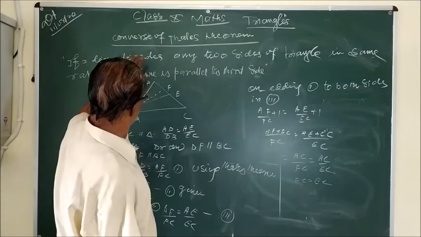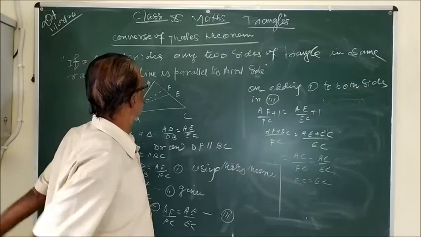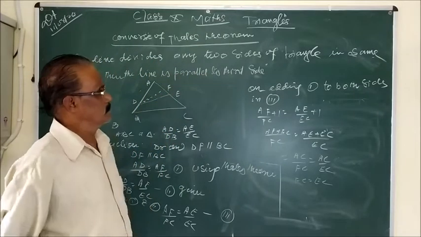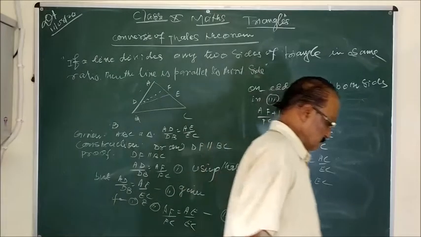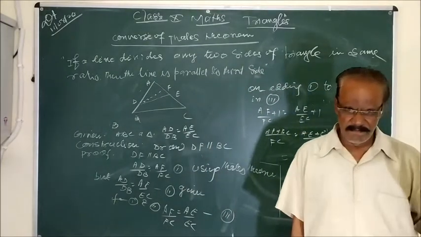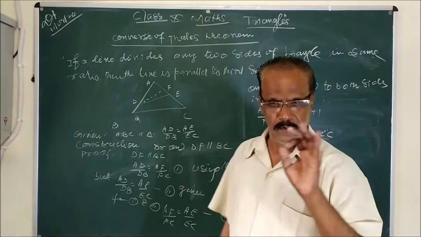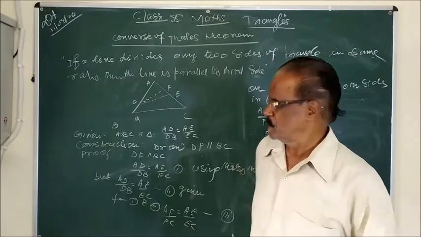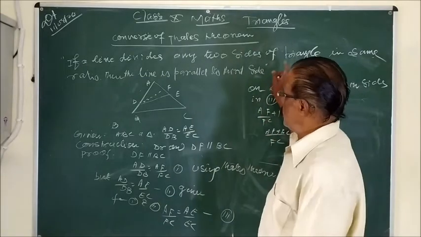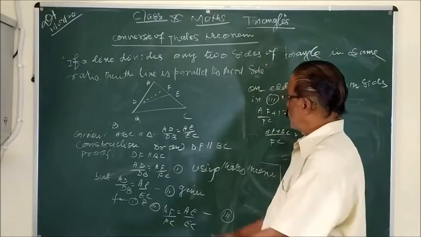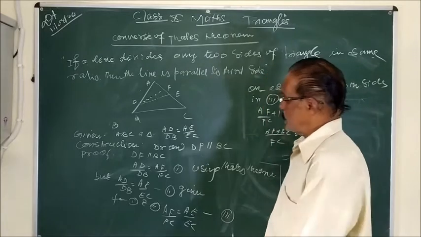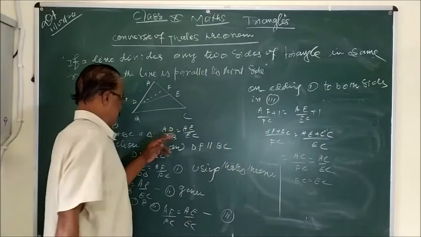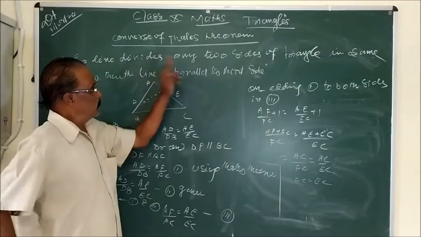But now in the converse of Thales theorem, if a line divides any two sides of a triangle proportionally, that is, in the same ratio, (you must have studied ratio and proportion in middle section), then the line that is drawn, which divides the other two sides in the same ratio, is parallel to the third side.